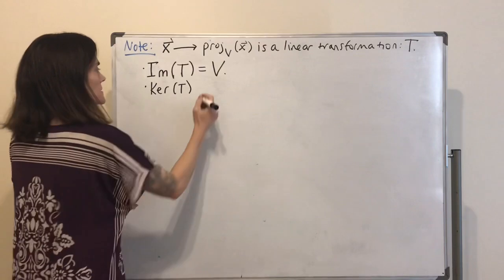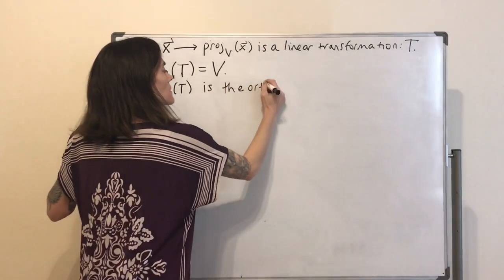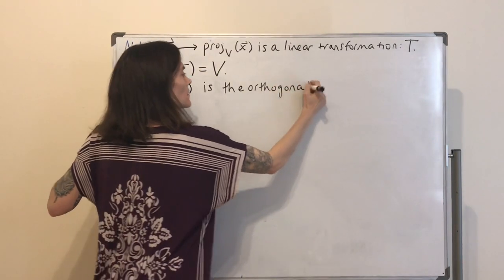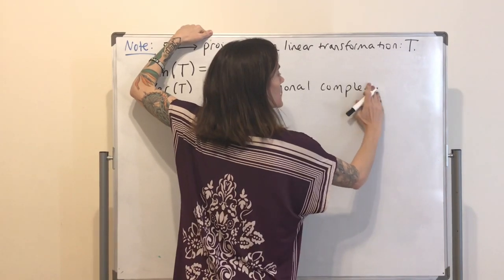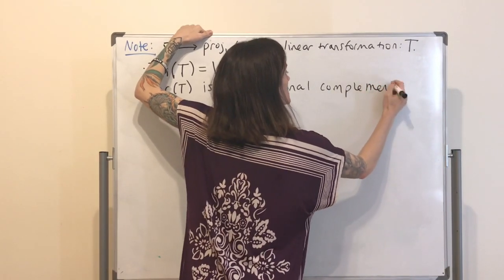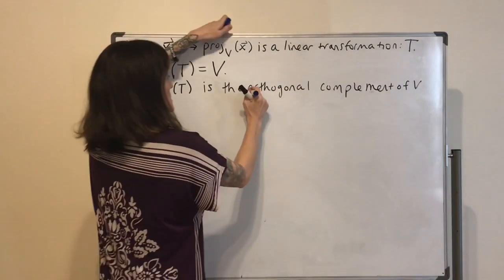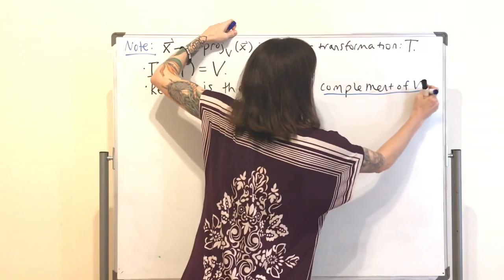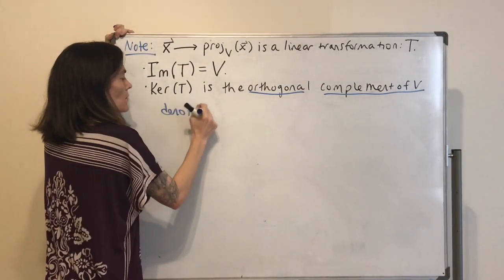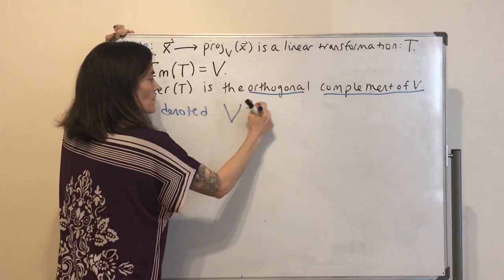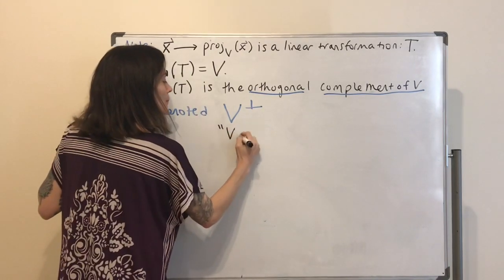This is what's called the orthogonal complement of V. And this is denoted like this, and is read V perp.